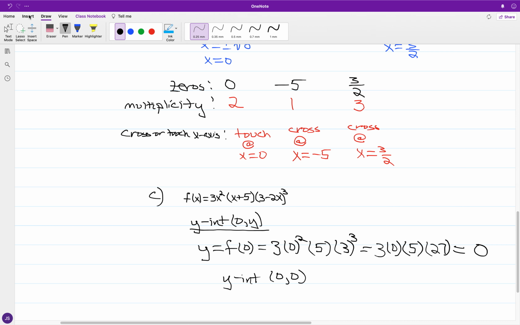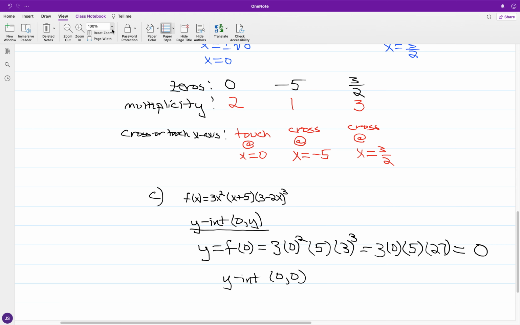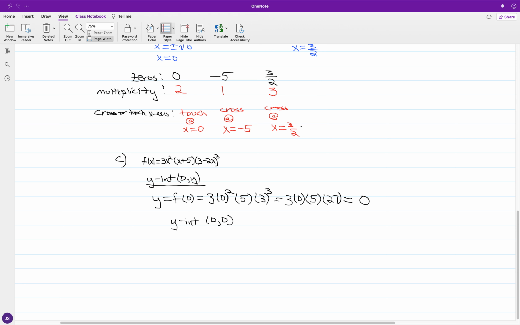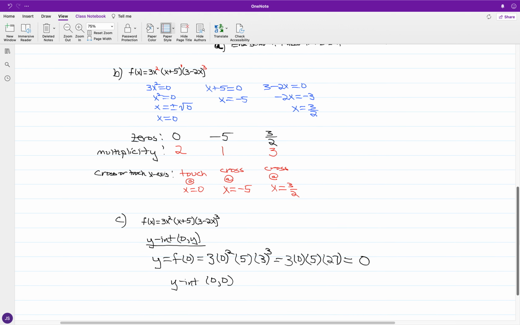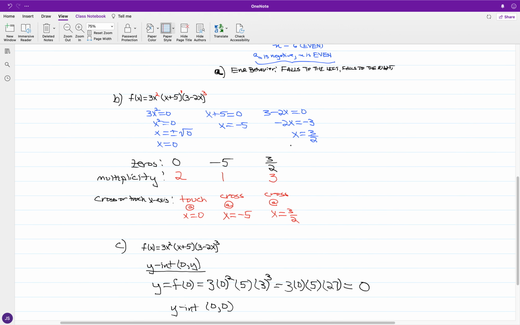All right, and so looking at sketching the graph of f of x, just looking at the characteristics.